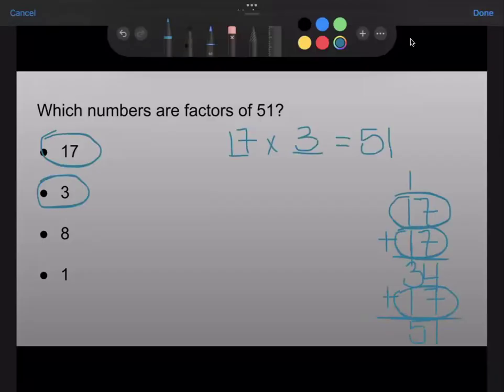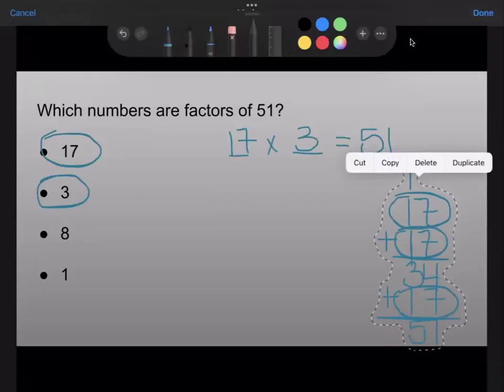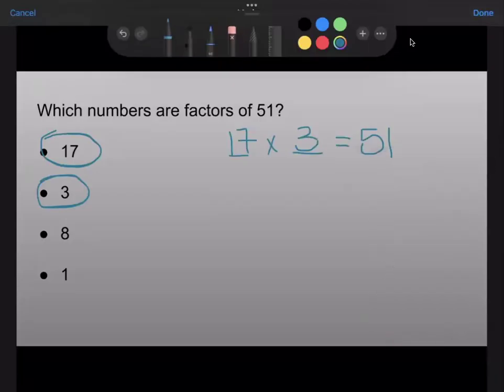Okay, now for the next one, for 8, I know my 8 facts are a little bit bigger than my 3 facts, and I know them better than my 17 facts. So maybe I start with 8 times something and see how close I get to 51. So I know that 8 times 5 is 40. So let's do that. Let's put 5 here and put 40 here.